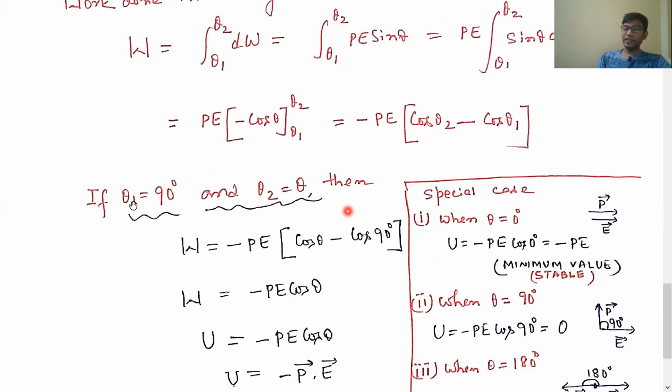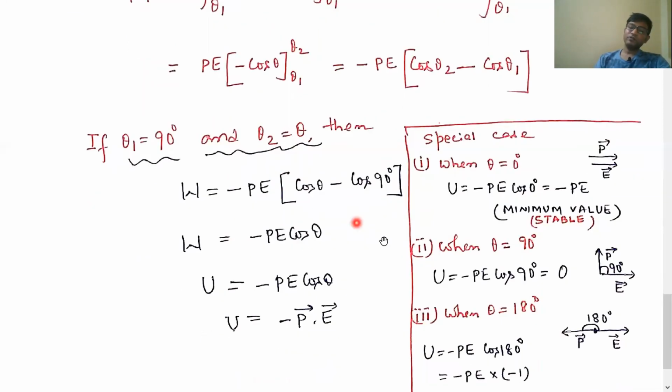Again I'm repeating this thing: initially it has been assumed that this one is in the direction of the electric field and this one is the direction of the dipole. So initially the dipole was like this, and now it is rotated through an angle theta. So here the work done will be equal to minus P E cos theta.